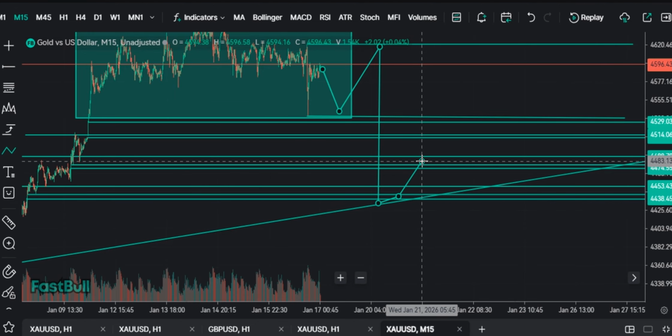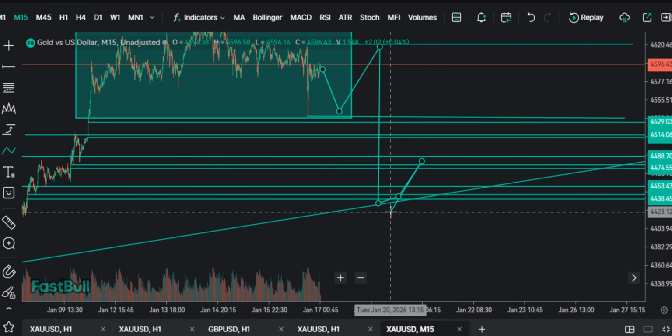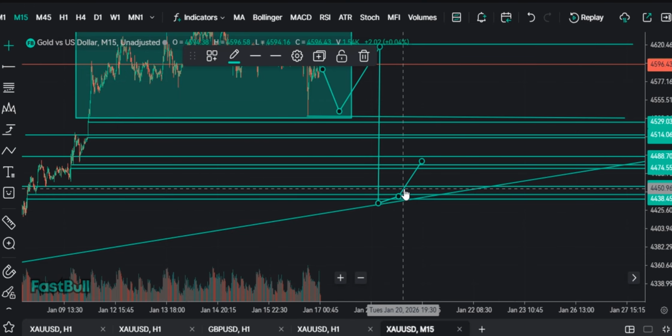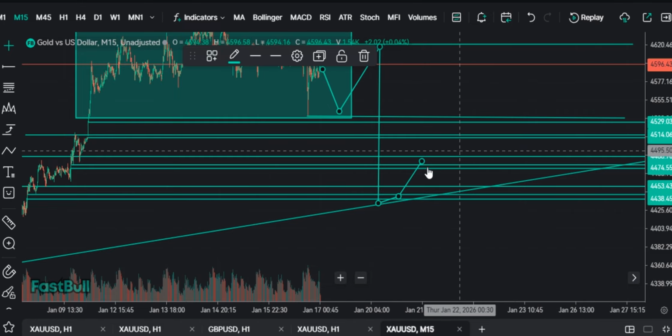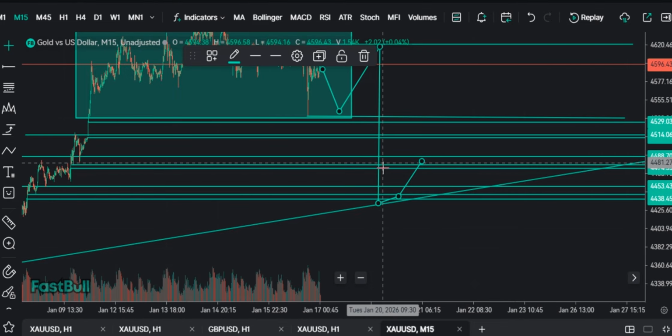Okay, you can actually go long. Very important, very much important. You can go long on this particular area because you're on the discount area. Okay, the discount area, you can go long from this particular zone.